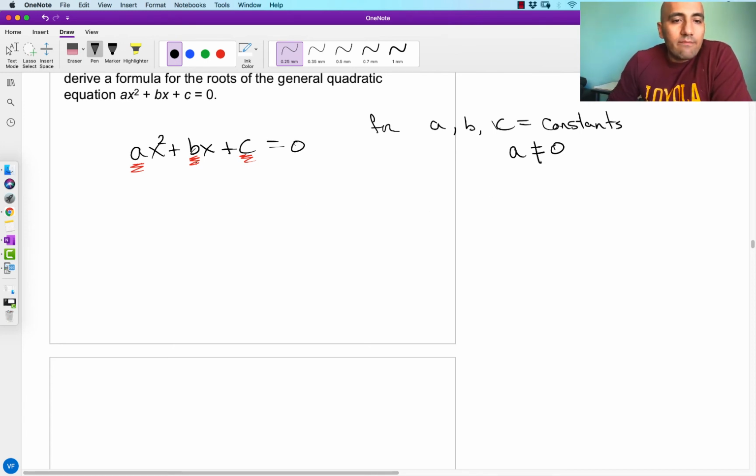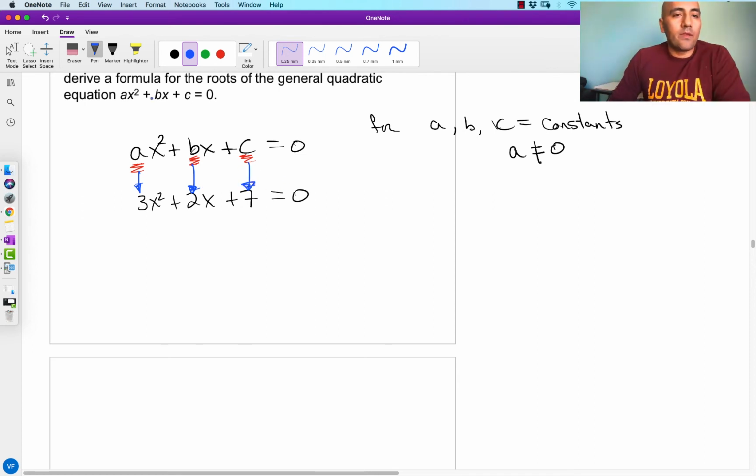Okay, so this is saying, for instance, this could be 3x squared plus 2x plus 7 equals 0, right? This would be an example of this polynomial where the a is 3, the b is 2, and the c is 7. That's just one example.